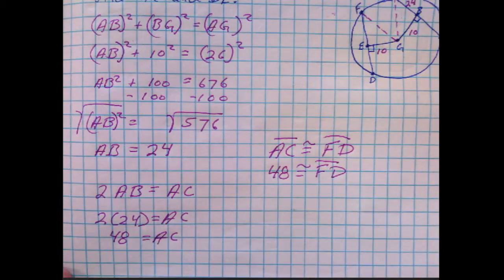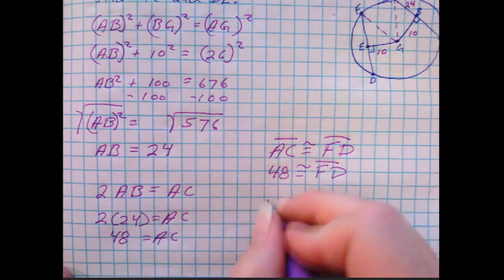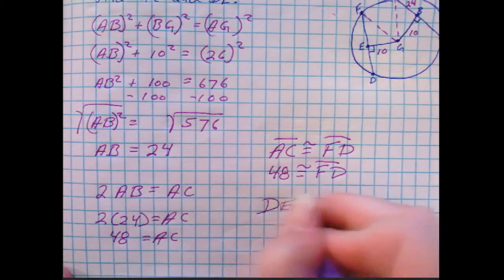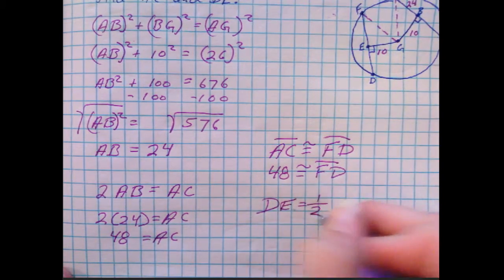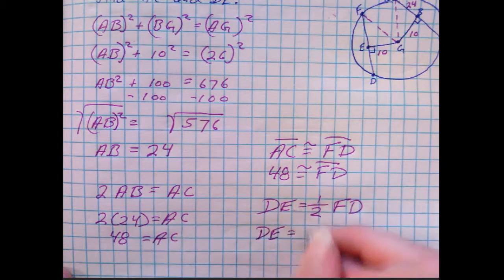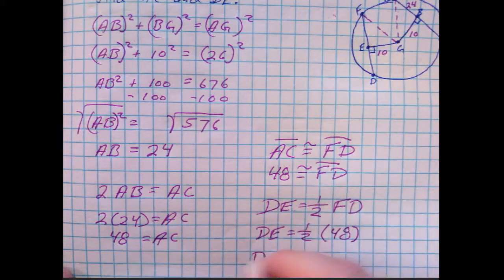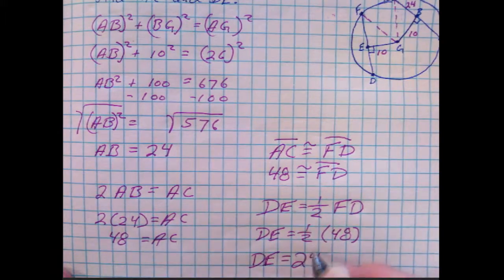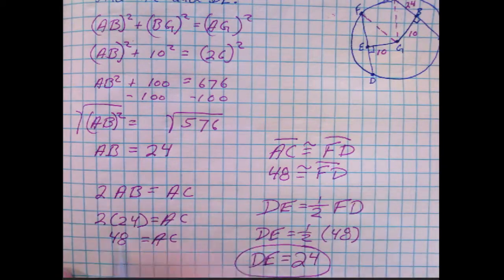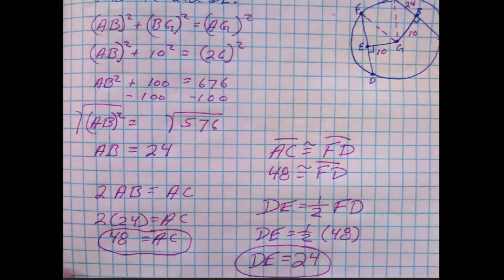For our chords, FD is the whole thing, DE is a piece, so DE equals half of FD. So DE equals 1/2 of 48. DE equals 24. So we have DE, we have AC. Those are the two pieces it asked for, so we are finished.